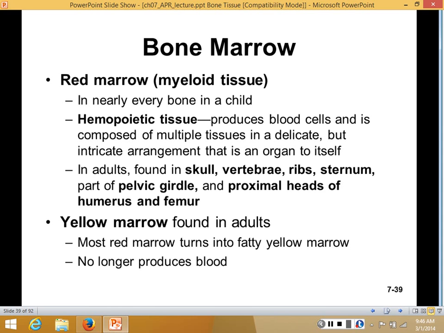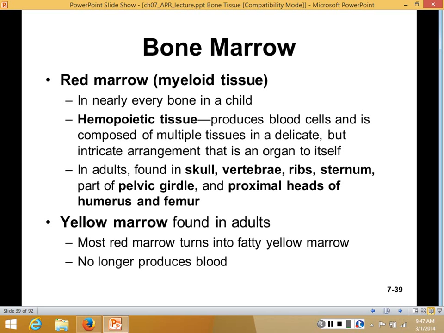And when we reach a certain age, guys, that red marrow is going to be completely gone. In adults, we only have the yellow marrow. The yellow marrow is just fatty tissue. That's that adipose tissue, okay? Earlier, when we talked about the general features of the bone, we saw the yellow bone marrow housed in the what?